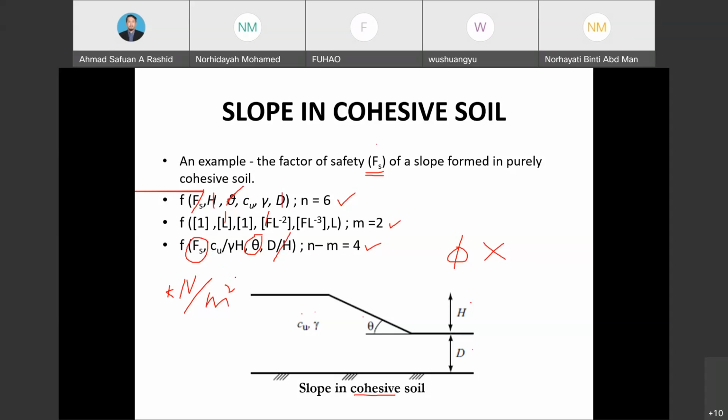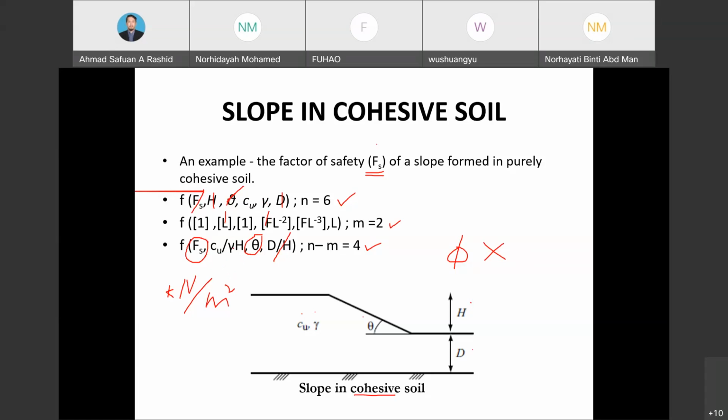However, if we use Cu over gamma, we cannot solve the problem because the remaining set is Cu and gamma. So in that case, either we use H or we use D to have the complete set of the last dimensionless equation.